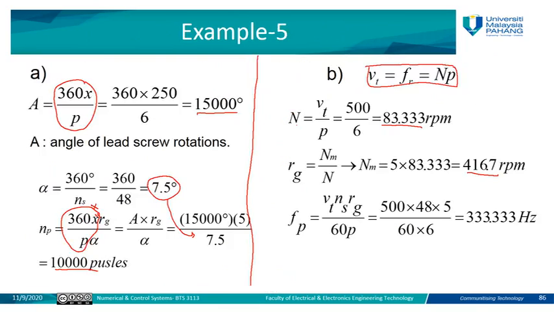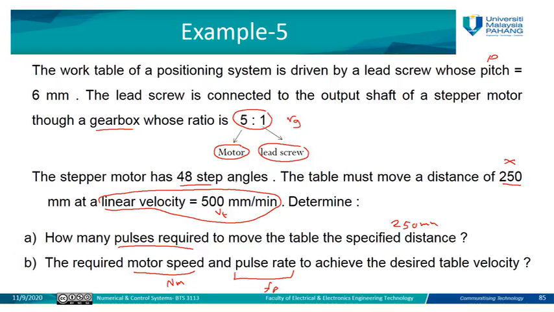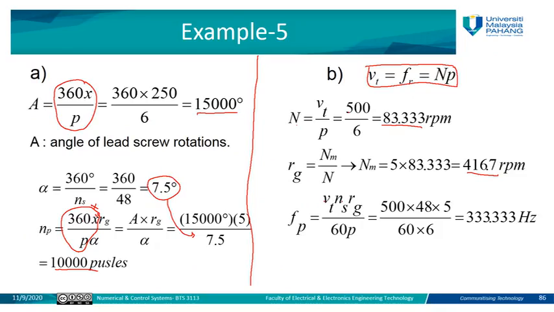But since we have the vt value, we substitute the vt value that we already have, 500, and the ns value, which you already have, as 48, according to the number of steps, or the step angle here. And then we have the rg, the gear ratio, and we have 60p, where p is the pitch of the lead screw.